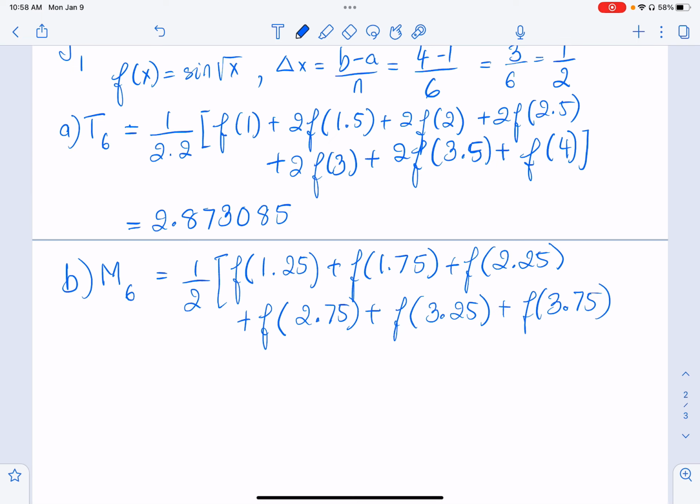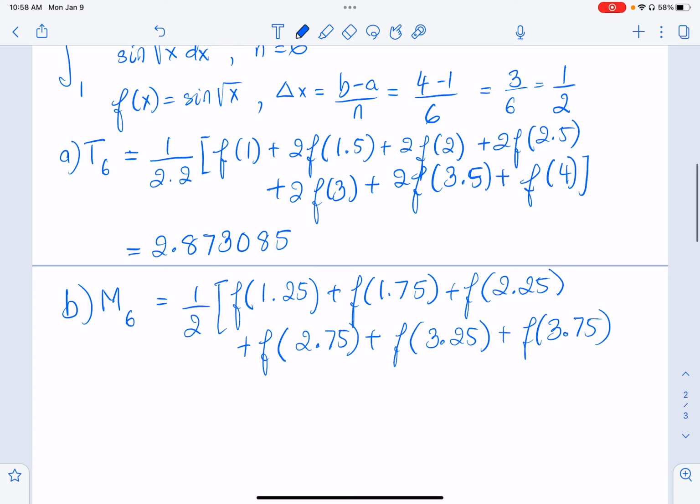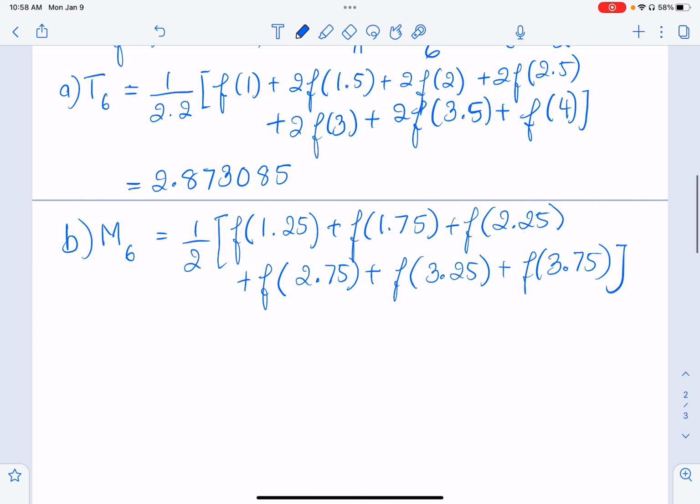Now, of course, when you plug it in here, you have to use a calculator. We ended up with 2.884712.